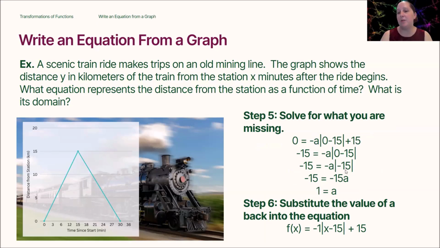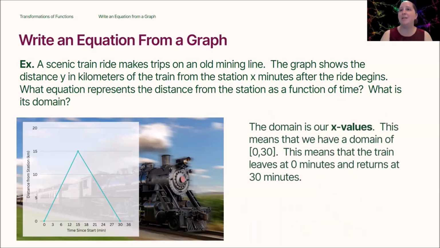The absolute value of negative 15 is positive 15, but there's still that negative sign out in front. So I have negative 15 equals negative 15a. I divide both sides by negative 15, so a equals 1. I substitute that value back into my original equation. So I get f of x equals negative 1 times the absolute value of x minus 15, plus 15.